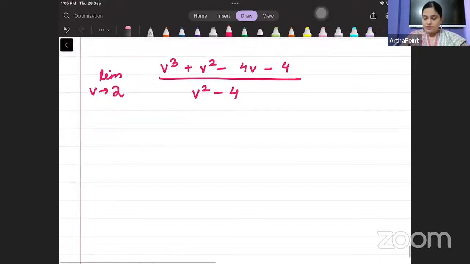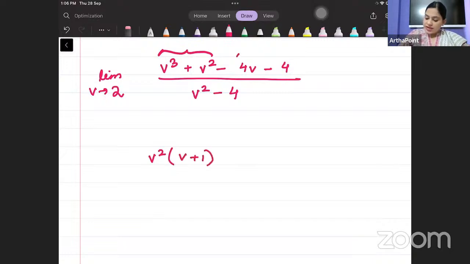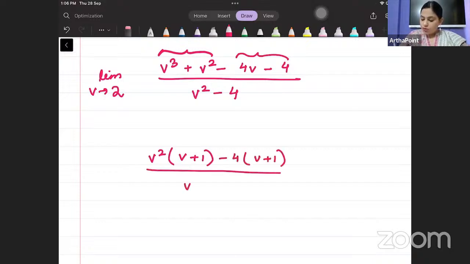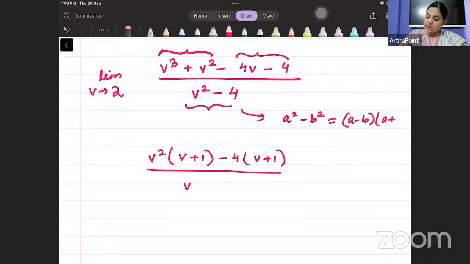If I go ahead and try to solve this function a bit, beta, from this, if I take v square common, I will get v plus 1. And from this, if I take 4 common, minus 4, I will get v plus 1, upon, this is the formula of a square minus b square, which is nothing but a minus b into a plus b.